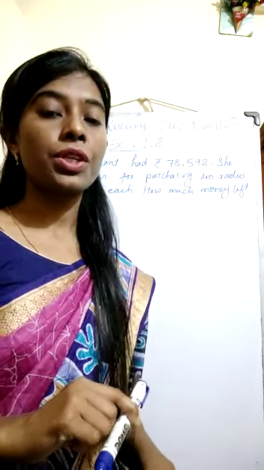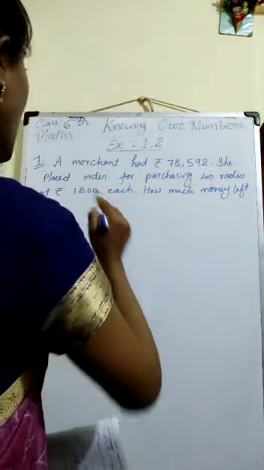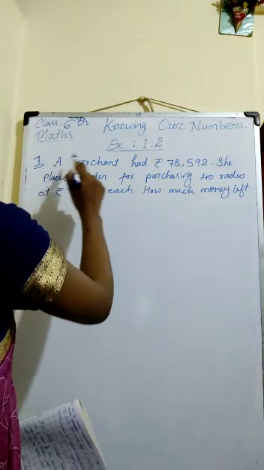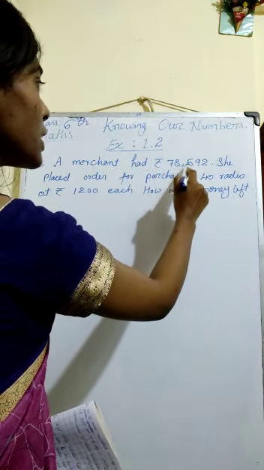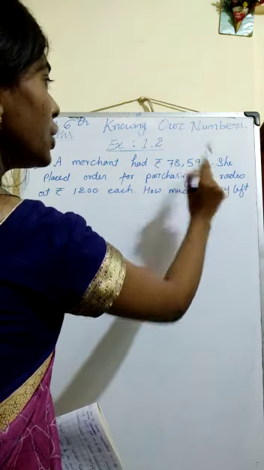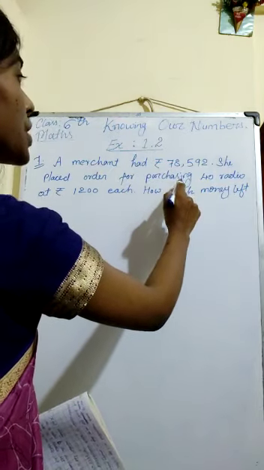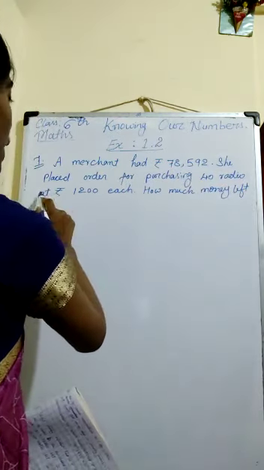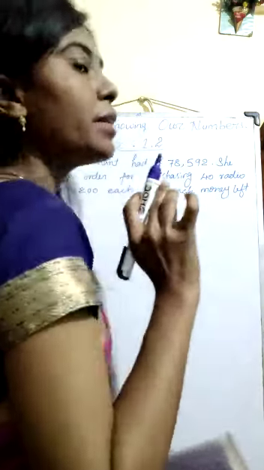See the next question, the 7th one. A merchant had rupees 78,592. She placed an order for purchasing 40 radios at rupees 1200 each. First, understand the meaning of this.